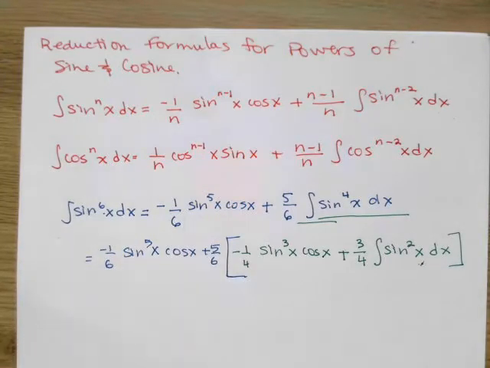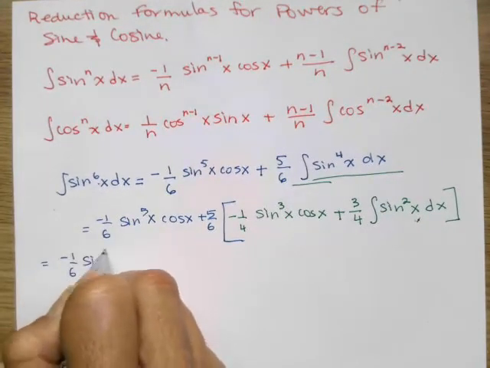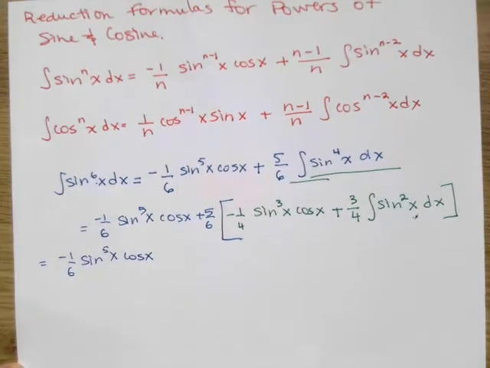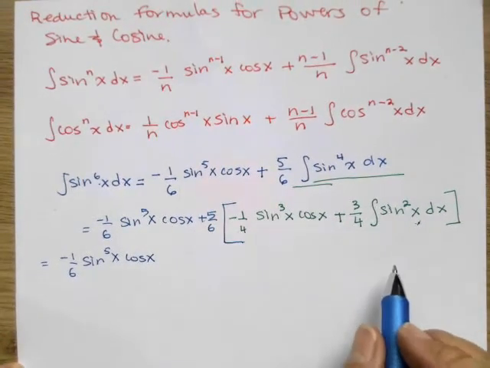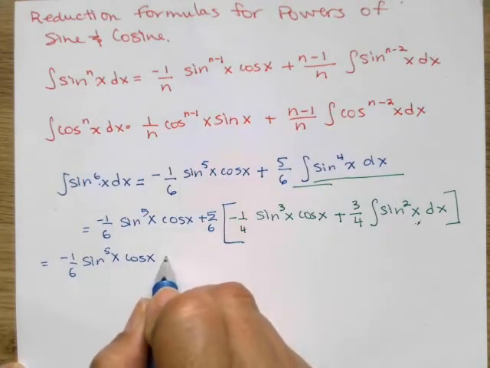So let's go ahead and do one more time. So I have negative 1/6 sine to the 5th x cosine x. Do you guys know what the strategy is going to be? I'm going to take my 5/6 through because it's getting kind of crowded over here.